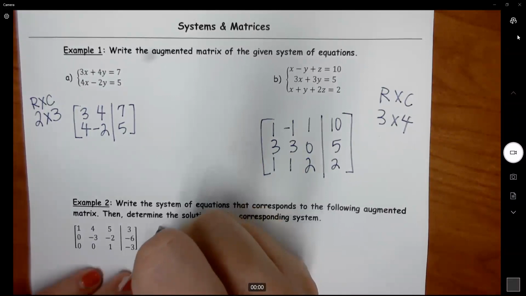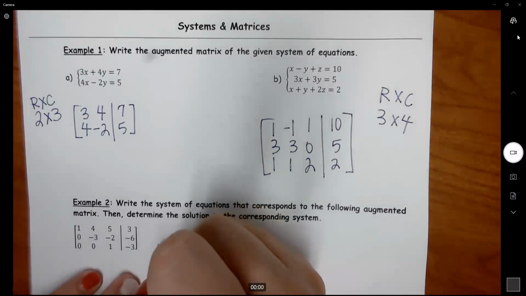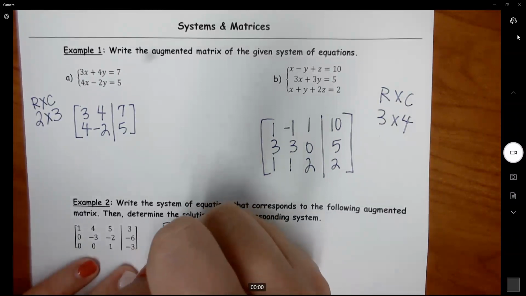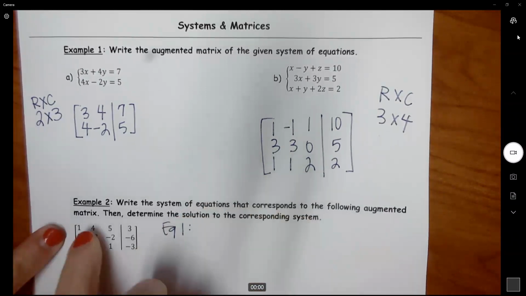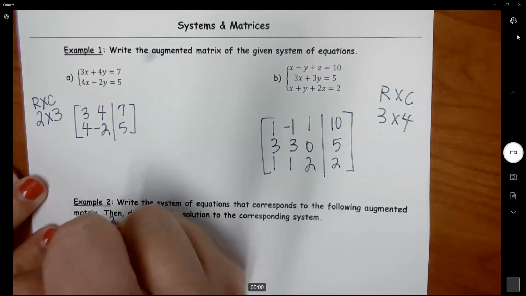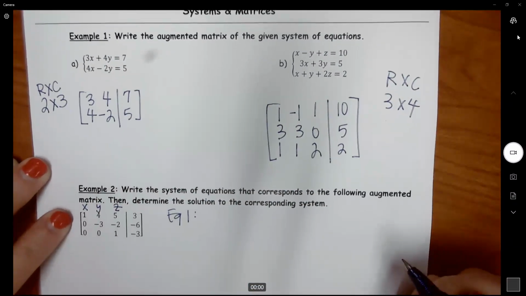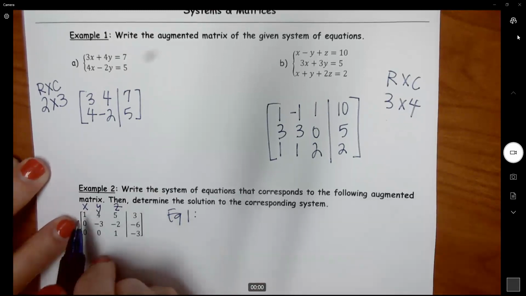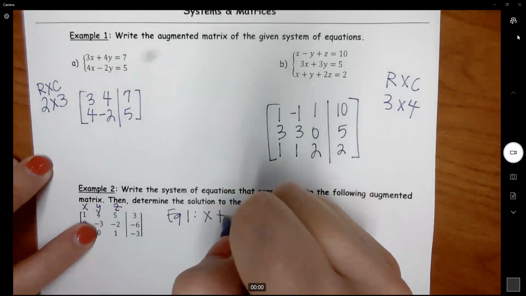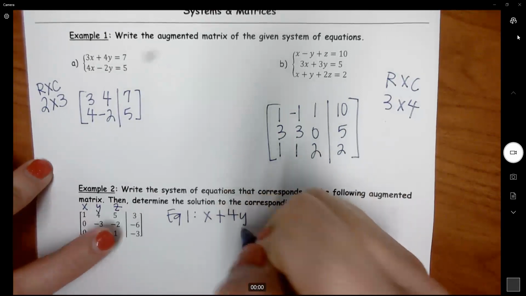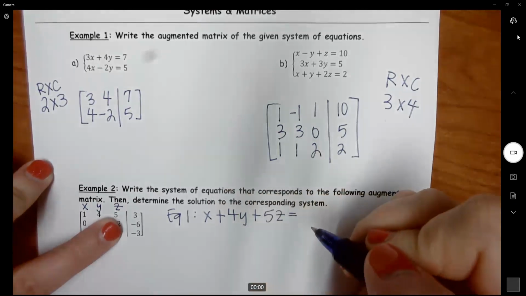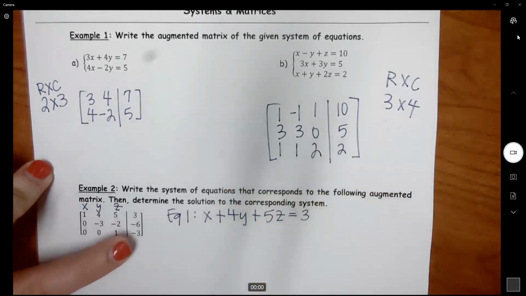So equation 1 with this top row here. And so this is always X, Y, Z, unless they tell you otherwise. So I have 1X or just X plus 4Y plus 5Z, and that equals 3.